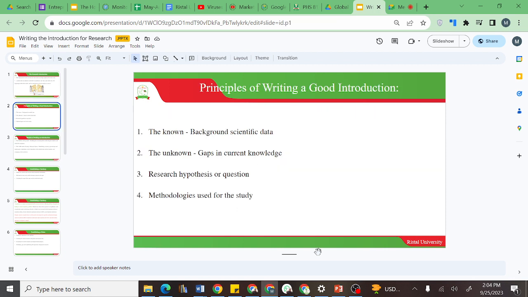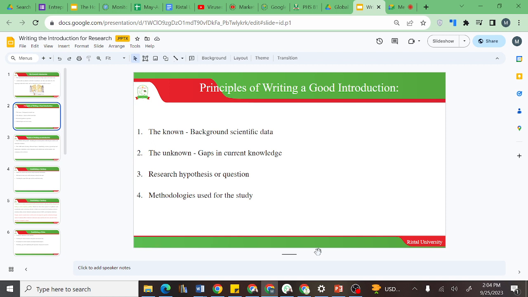So, what are the principles of writing a good introduction? A good introduction should have four elements or principles. One is that it should state what is known. It should also state what is unknown.